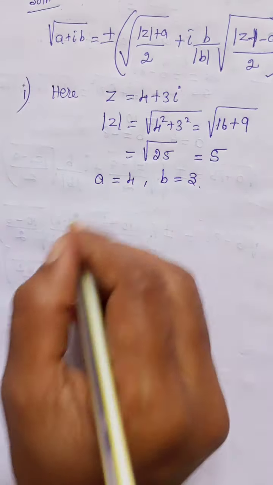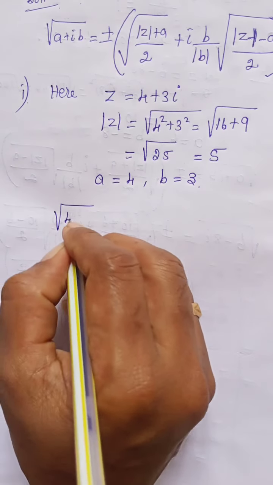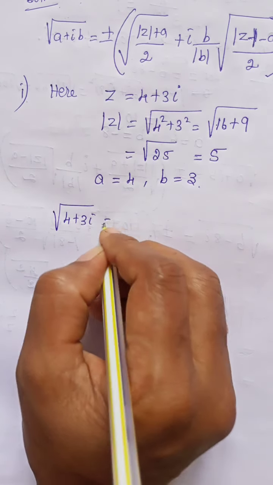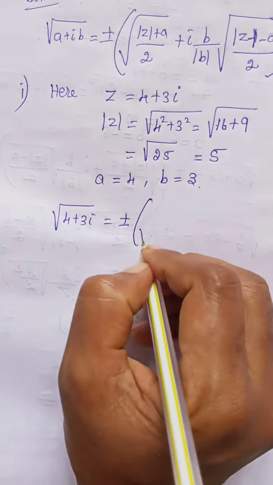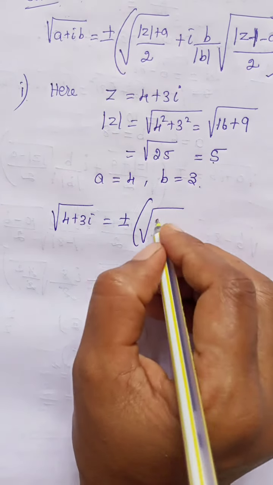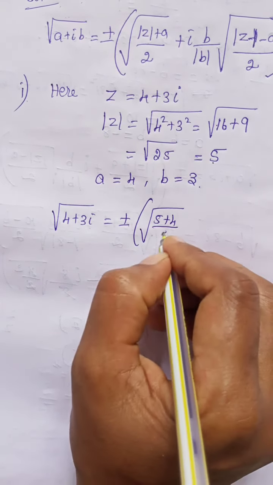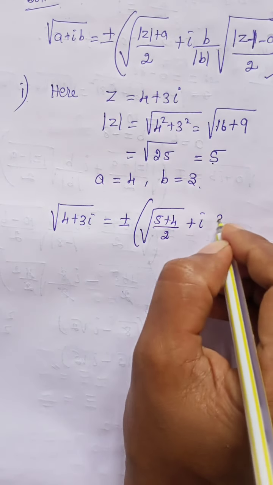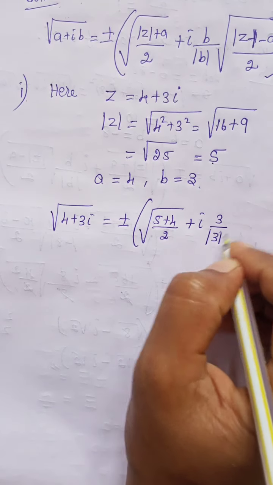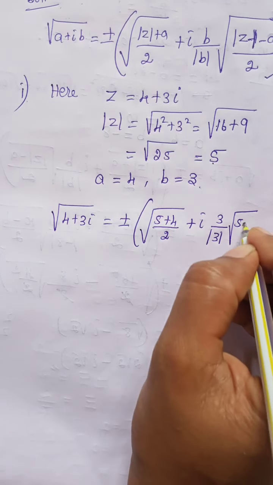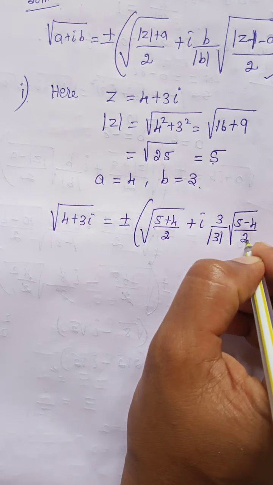Substitute there. The root of 4 plus 3i is equal to plus or minus the root of (modulus z 5 plus 4) by 2, plus i into 3 by modulus 3 into the root of (5 minus 4) divided by 2.